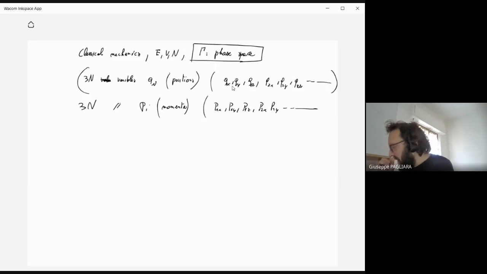And now, a microstate. What is a microstate?